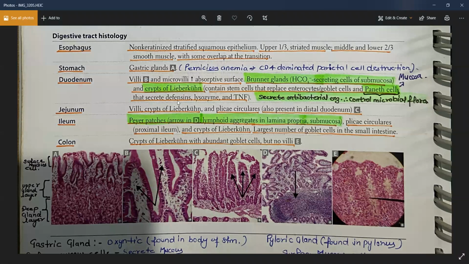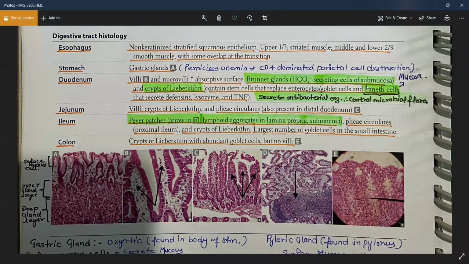And they also have crypts of Lieberkühn. The lower part of these crypts will contain the stem cells. These stem cells from the crypts will replace all the epithelial cells: the enterocytes, the goblet cells, and the Paneth cells. Paneth cells are very important because they are involved in the immune response.